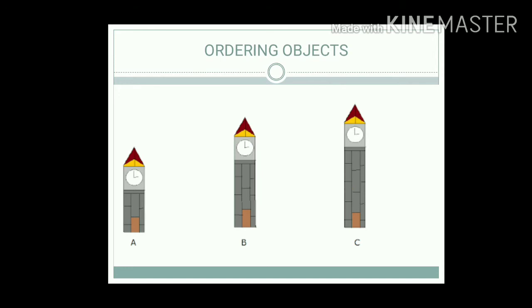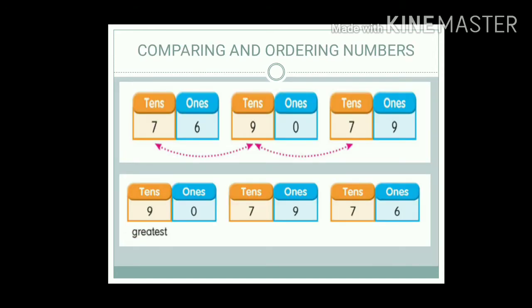So, now we can move on to comparing and ordering of numbers. See over here, children, we have three numbers: 76, 90 and 79. How can we identify which one is the greatest and which one is the smallest? We can do it by seeing the tens place.